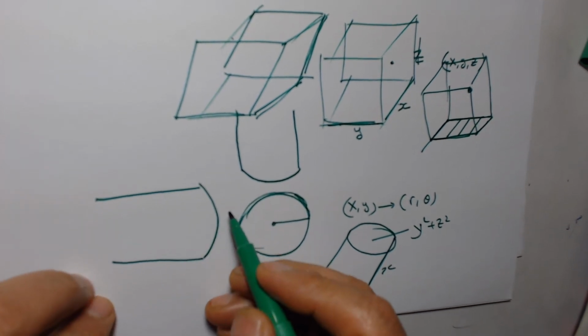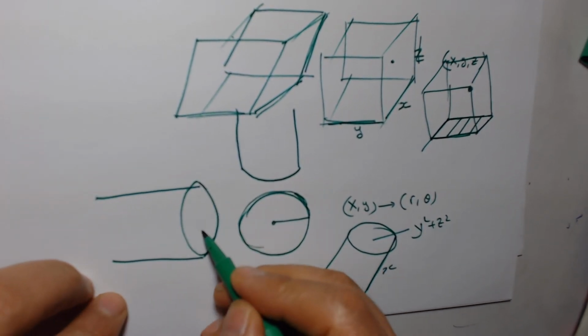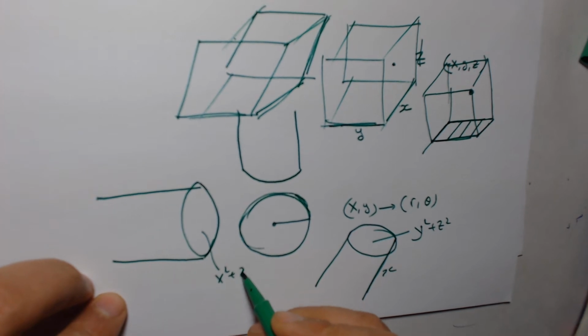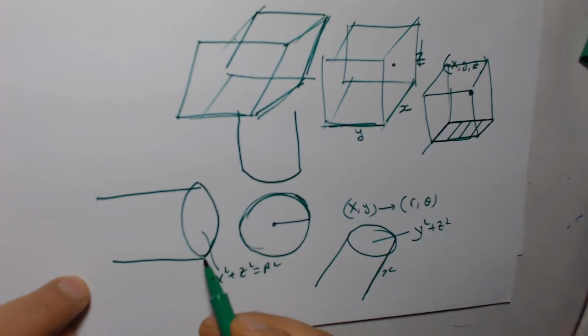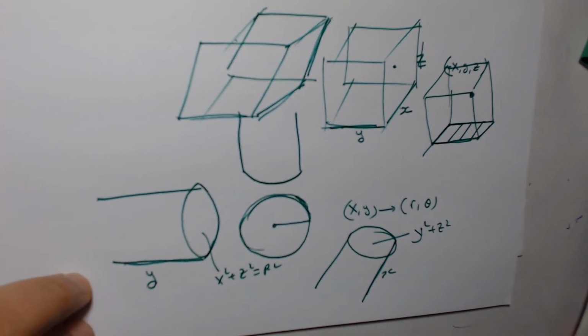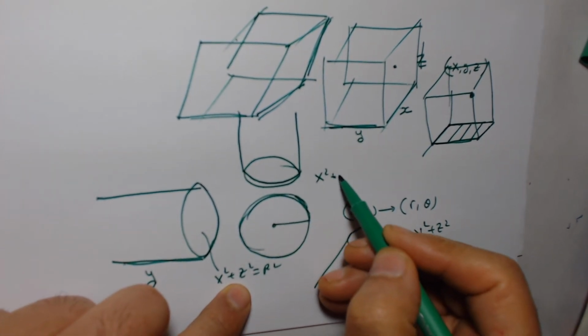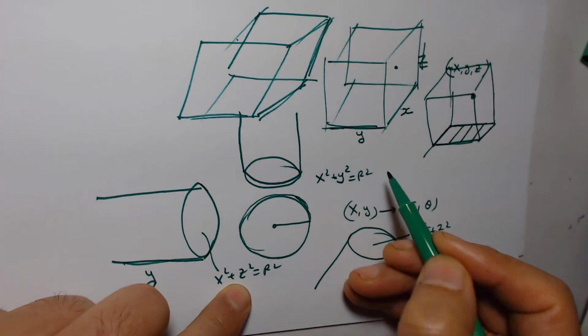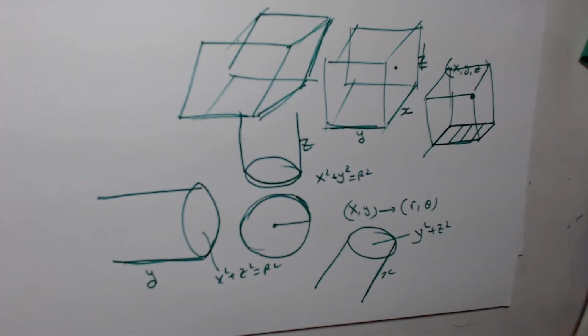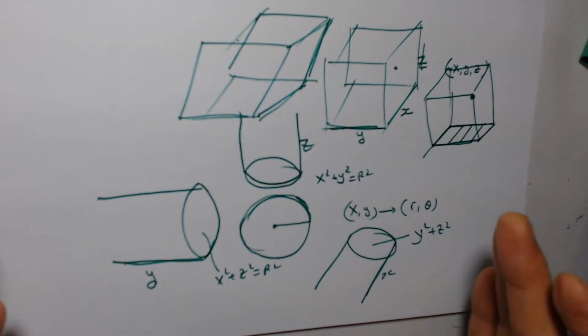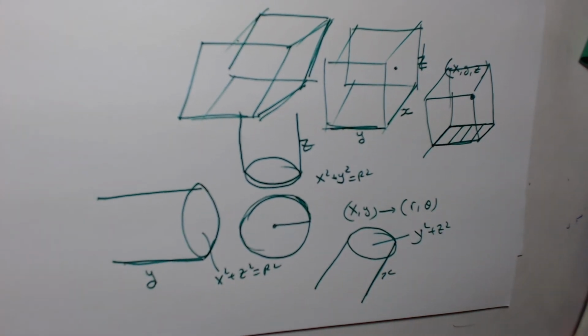Or in here, you have a circle, and that becomes x squared plus z squared equal to r squared, but your y is straight. Or in here, you're going to have x squared plus y squared equal to r squared, but your z is straight.